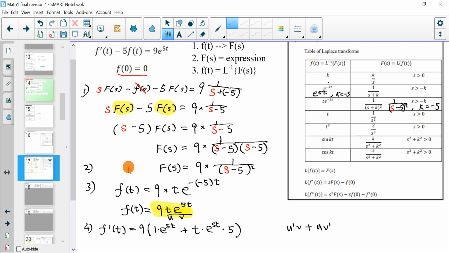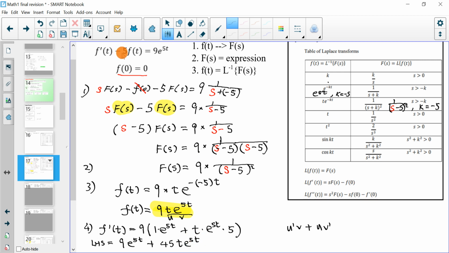Now the equation's left-hand side, if I plug that first derivative in, I will have 9 e to the 5t plus, opening the brackets, 9 times 5, which is 45 t e to the 5t.